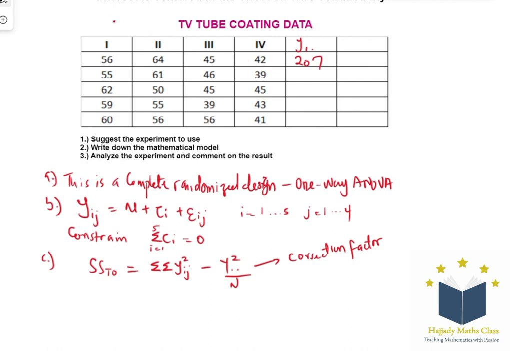That is 56 plus 64 plus 45 plus 42, which gives 207. For the second row, you can use a calculator to confirm these values, 201. Thirdly, 202. Then 196. And here, 200.